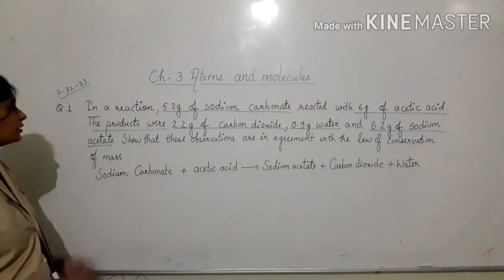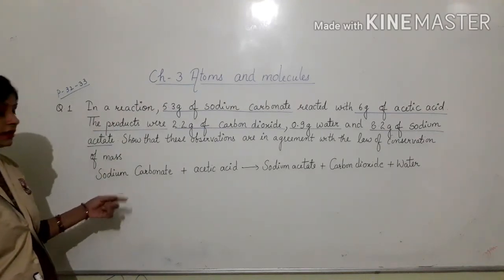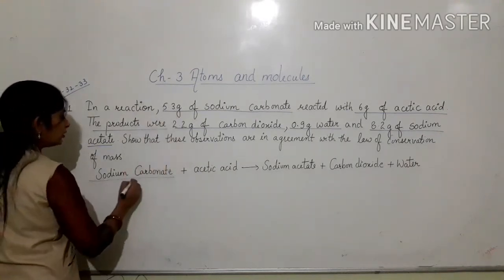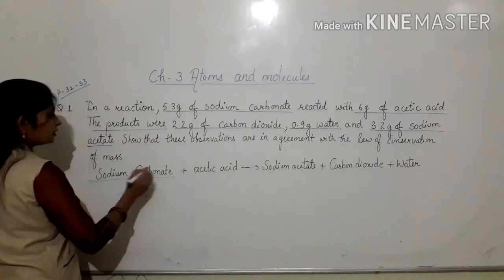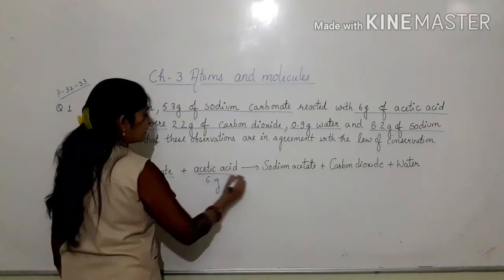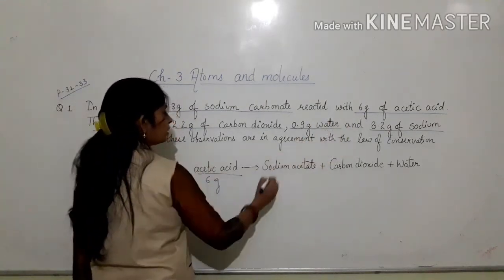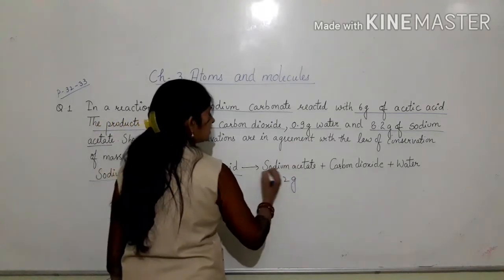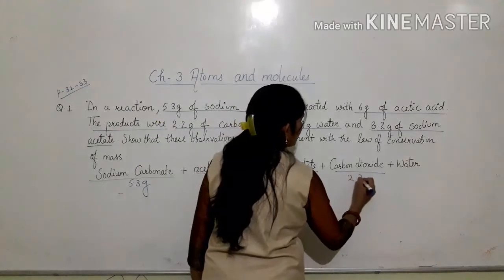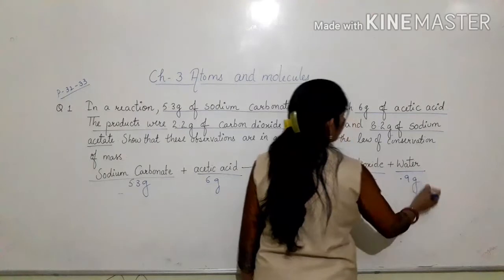So in this question, there is a reaction which is given below. In this reaction, 5.3 gram of sodium carbonate reacts with 6 gram of acetic acid to form 8.2 gram of sodium acetate along with 2.2 gram carbon dioxide and 0.9 gram water.